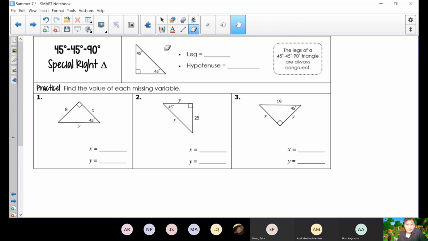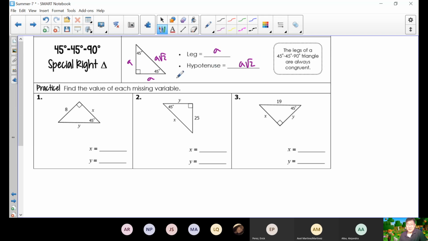Another way you can say it: a, a, a root 2. So legs a, hypotenuse a root 2.